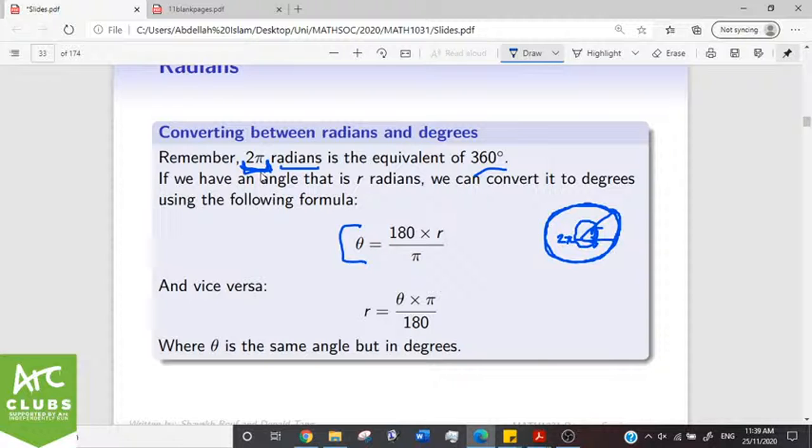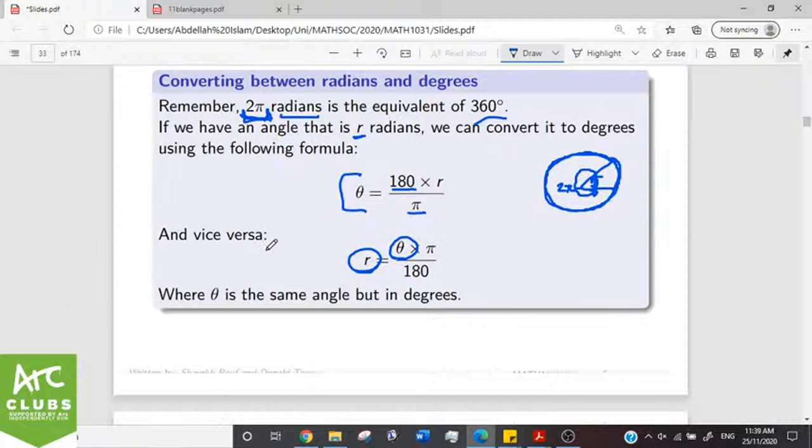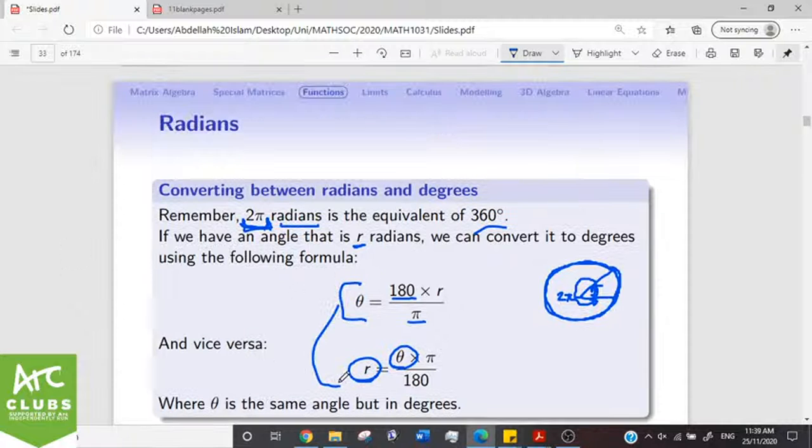If you have r radians, you multiply it by 180 on pi, and you get the degrees out. And if you want to get the radians from the degrees, you take the degrees and multiply it by pi on 180. So that's how you convert from degrees to radians.